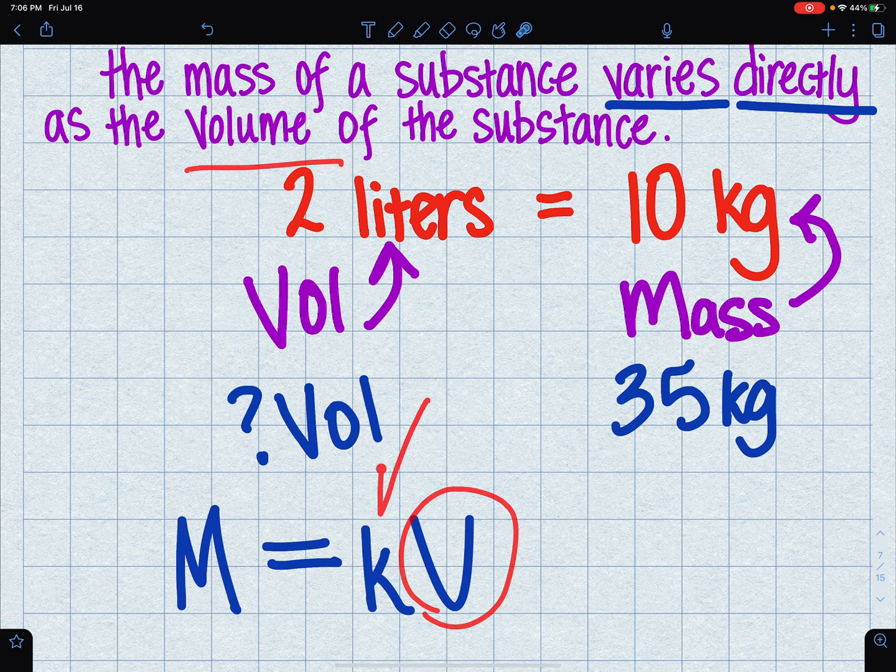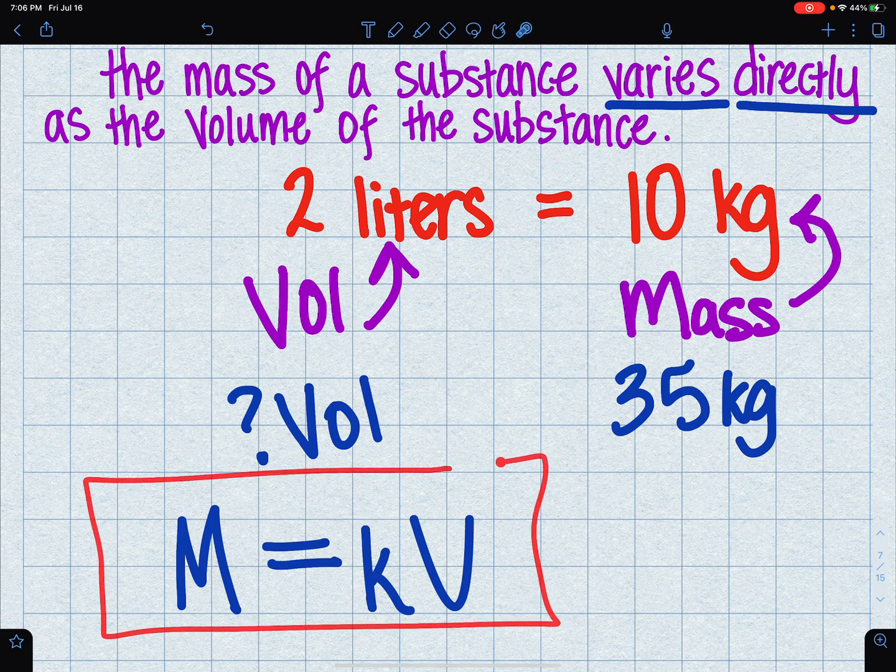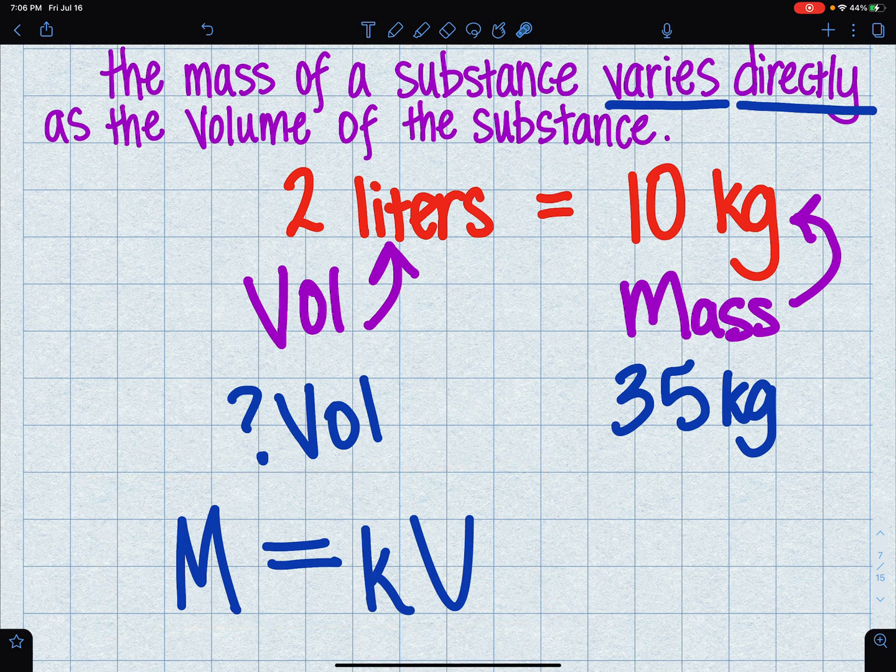So the constant goes with volume. So that's going to be important, and if you don't get this first step right, you will get the whole thing wrong, okay? Because that's why I had to do take number 2 on this whole problem.